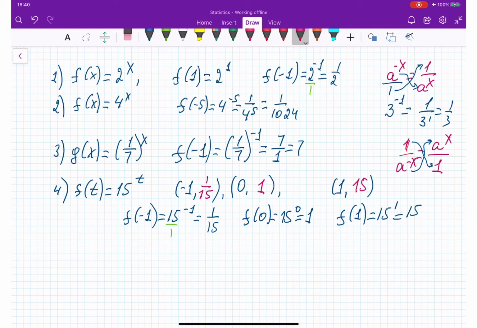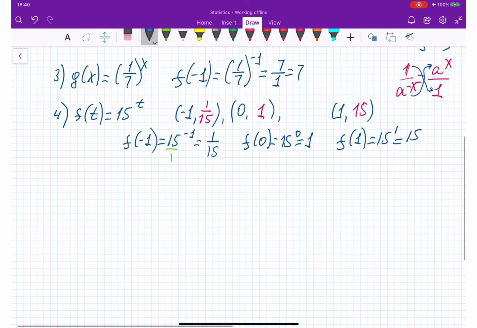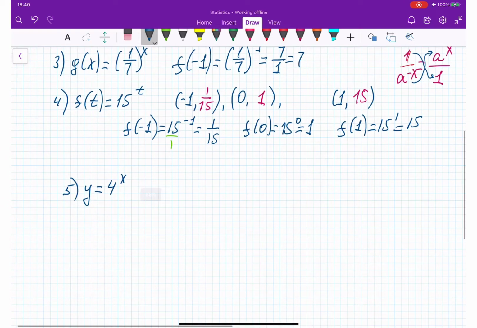Next, moving to graphs. We are going to graph question number 5: y is equal to 4 to the power x.